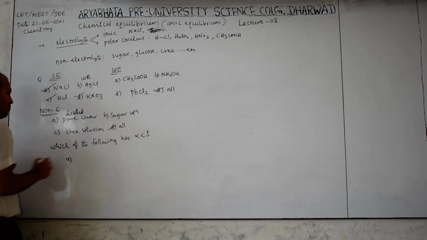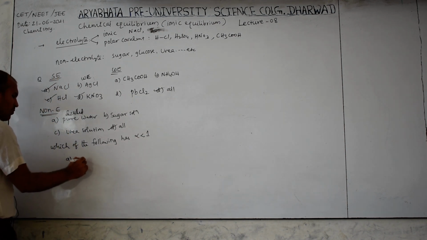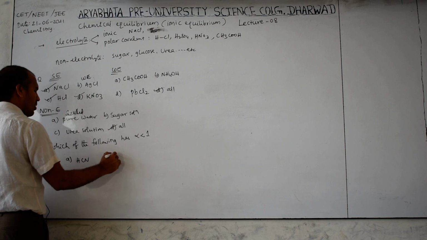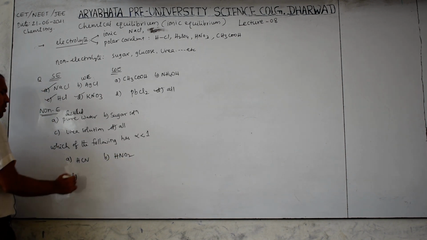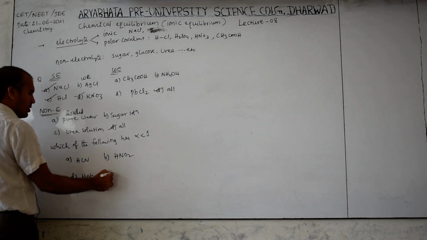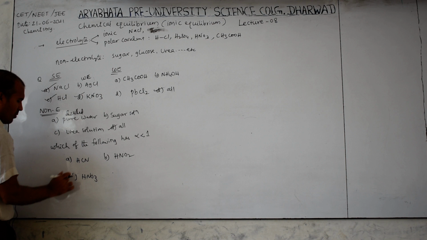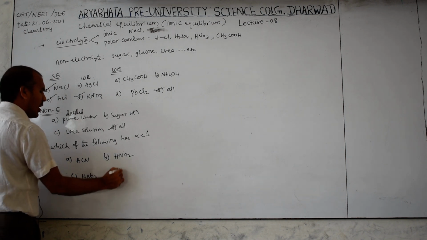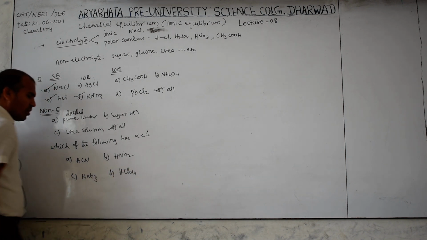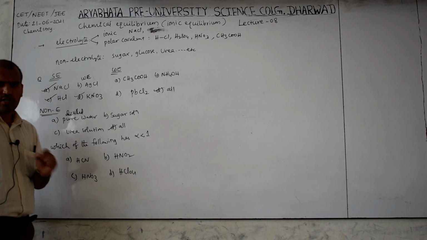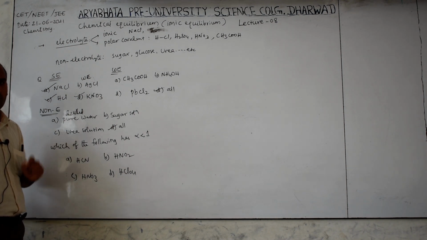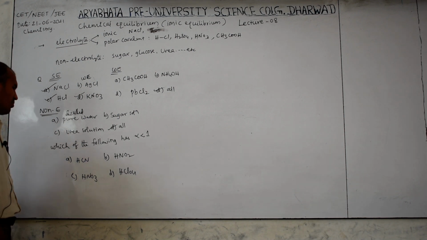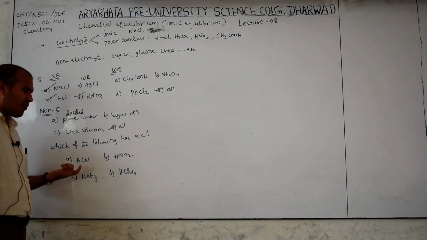Option A HCN, option B HNO2, option C HNO3, option D HClO4. Then you should know which is a strong electrolyte and which is a weak electrolyte. Strong electrolyte has alpha equal to 1, weak electrolyte has alpha less than 1. So how do we identify these?